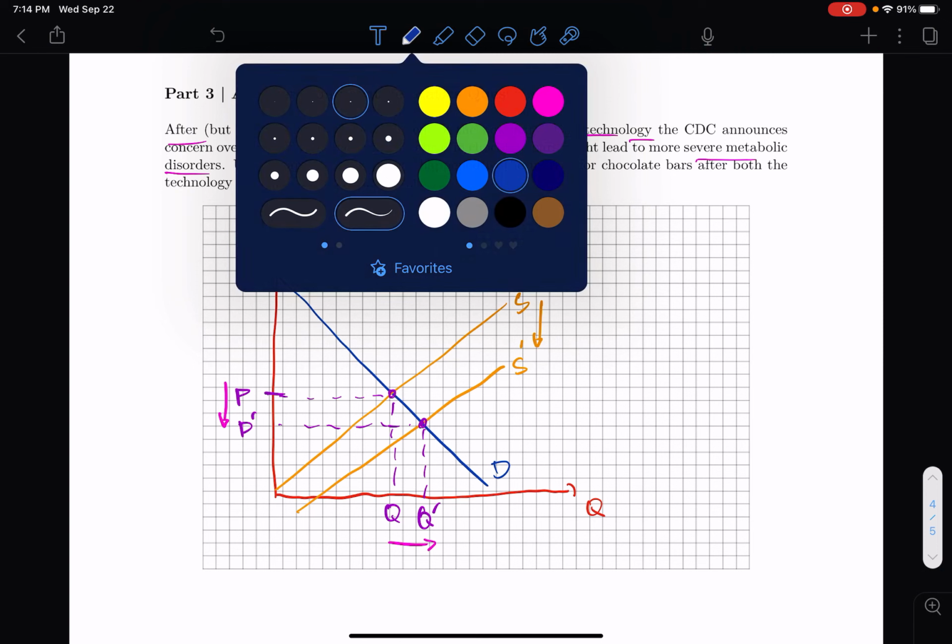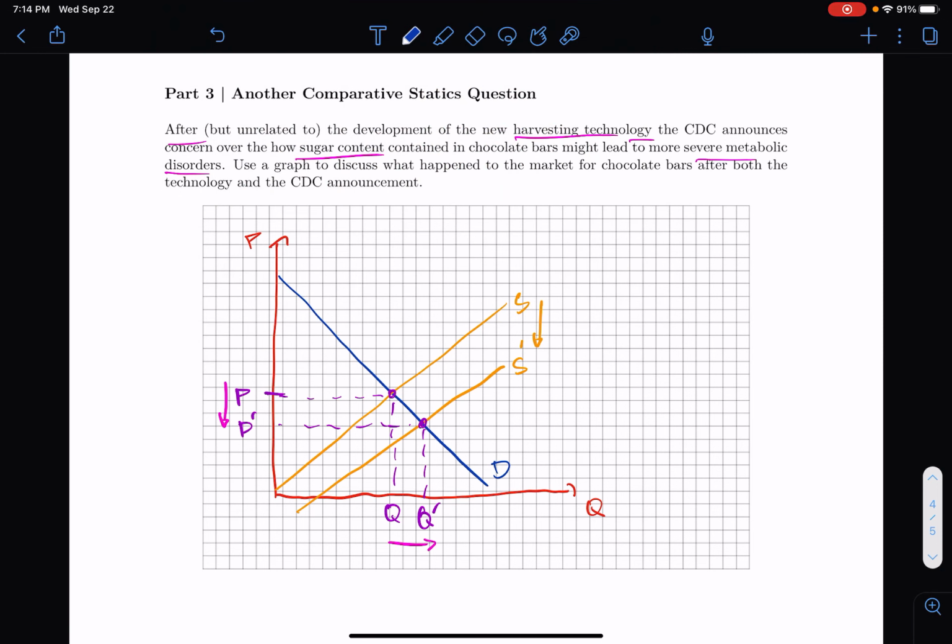So what we're going to do is think about price and quantity changes. So the first thing to realize is this announcement shifts the demand curve in.